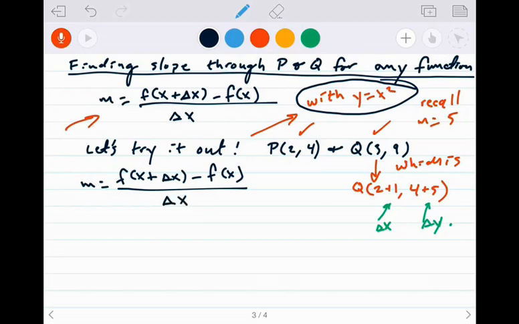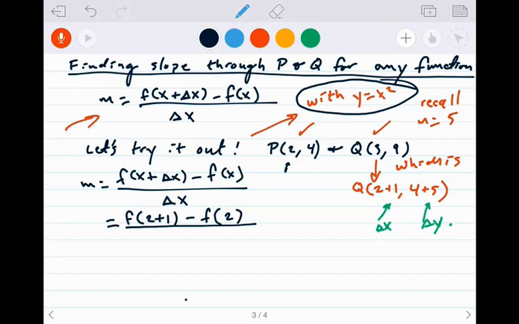This should equal f of x plus delta x, which is 2 plus 1, or just 3, but I'm doing it in small steps, minus f of x, so the function of 2, since 2 is x, divided by delta x.